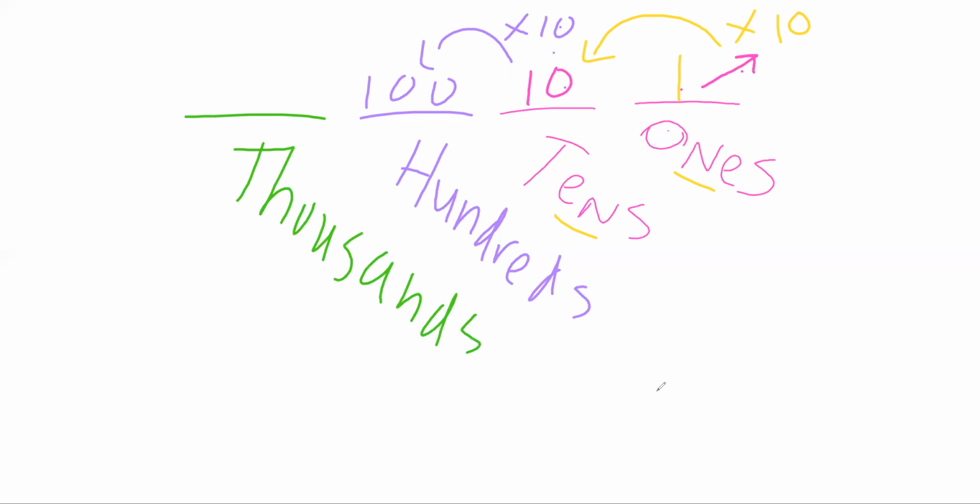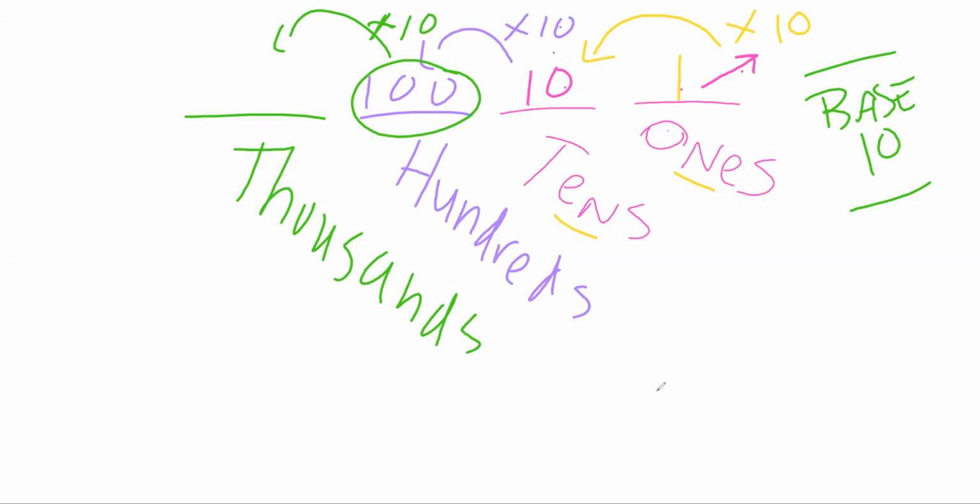Again we have the 100, and we get 10 times greater when we move to the next place value because of base 10. That's why it takes 10 of them. So 100 times 10, well, that's 1,000. So that's base 10 in general.